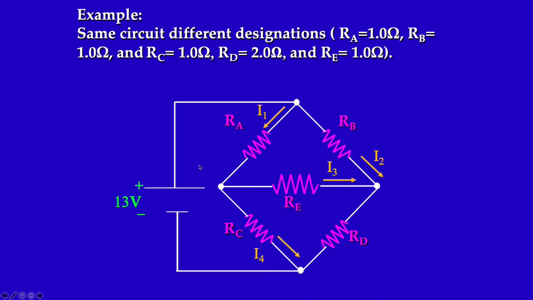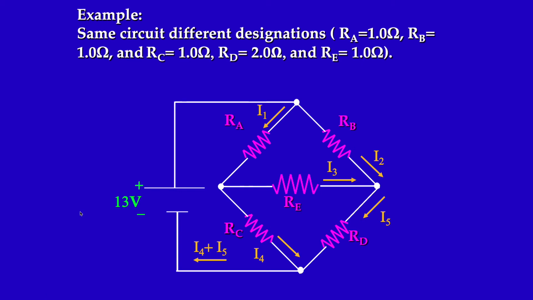The current through RC is I4, because there's 5 currents there, right? What I decided to do is make the bottom 3 currents that you see in that picture the independent ones.